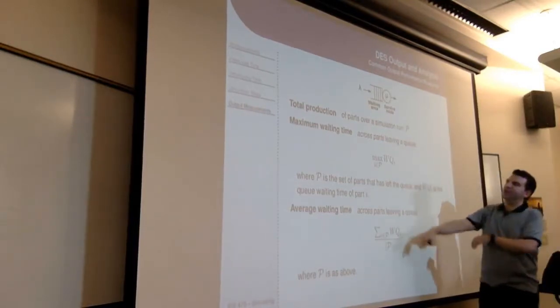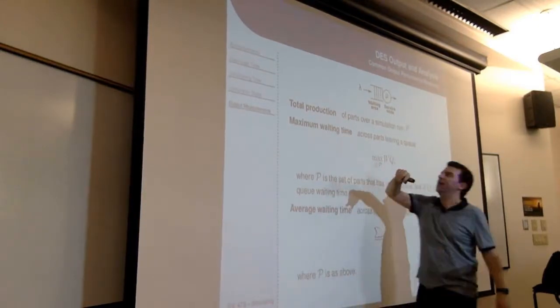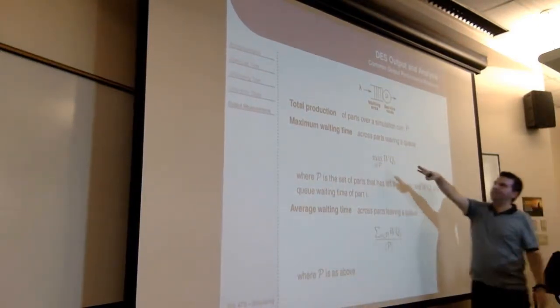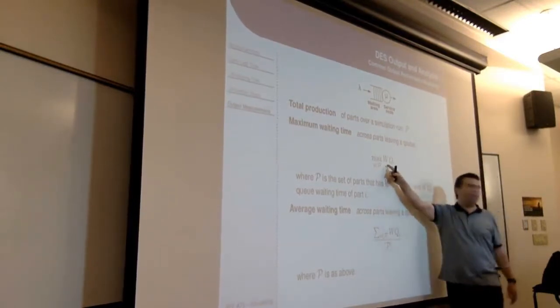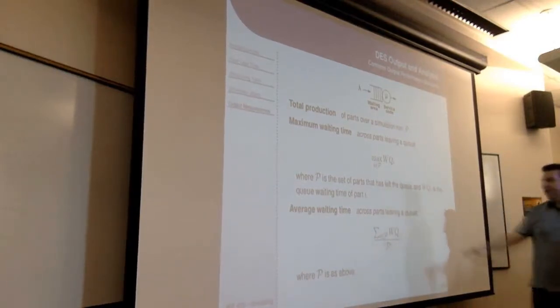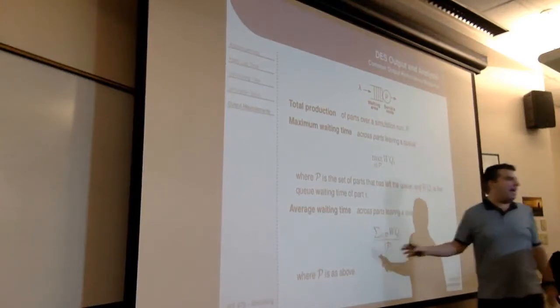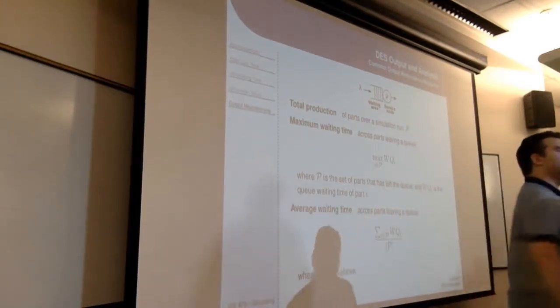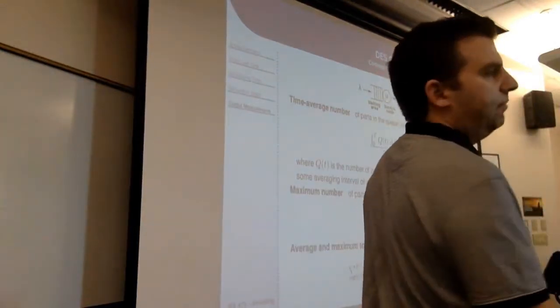And then we've got these performance measures. You might want to count the total number of parts that came out of your system. You might want to track the maximum waiting time, so over the set of all parts that were handled, which one had the maximum amount of time waiting in the system. You might want to average all of those and say, over all parts, what was the average waiting time? All these are focused on the part perspective, but you can also take the time perspective.